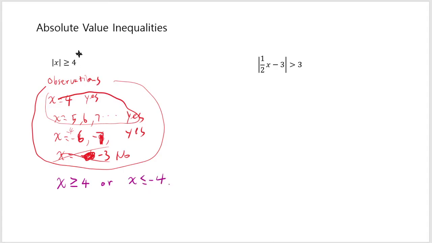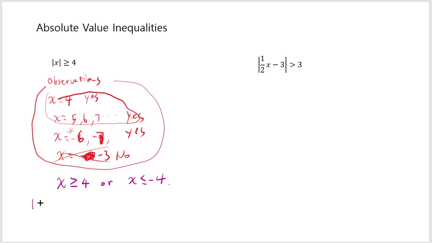Okay, so if you have absolute value bigger than a, then it's greater than the positive, or it's less than the negative. Okay, so maybe I could summarize it.